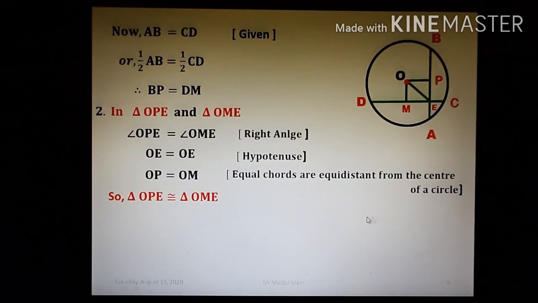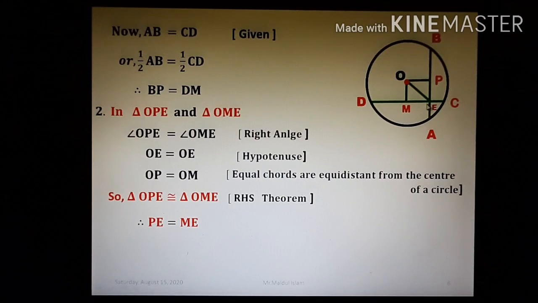So as two sides and an angle are equal, therefore we can write these two triangles are congruent. Means triangle OPE is congruent to triangle OME. Okay, my dear, when these two triangles are congruent, then what can you write here? You can write PE is equal to ME.